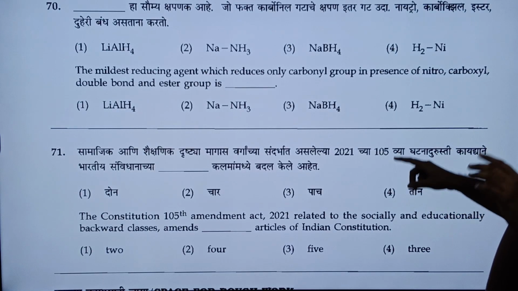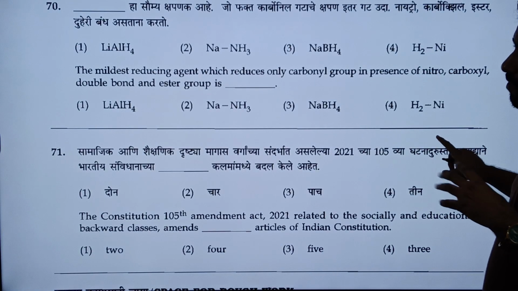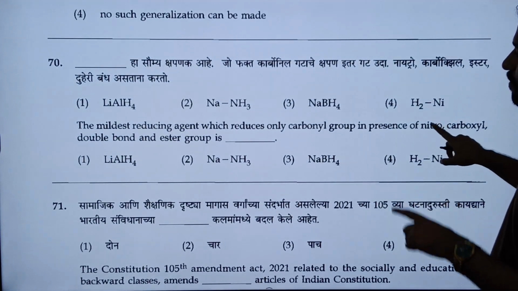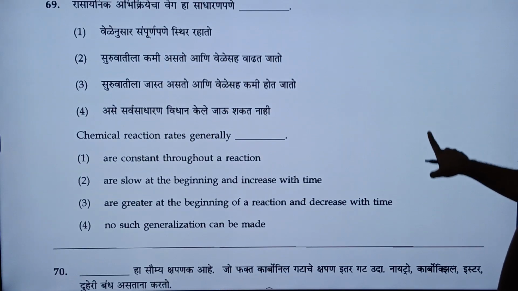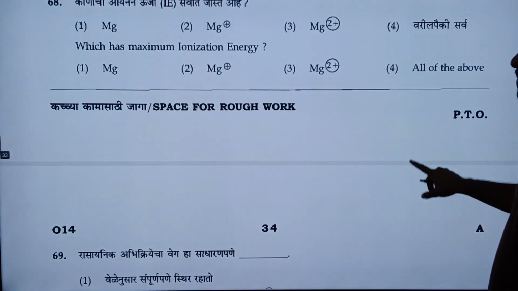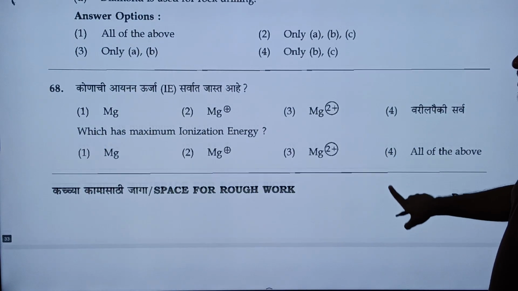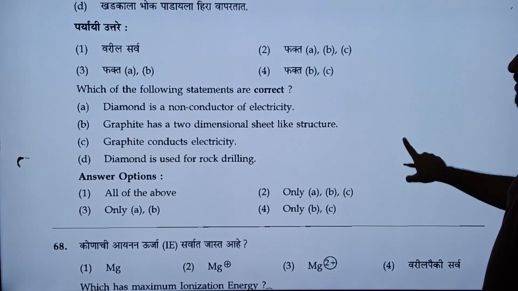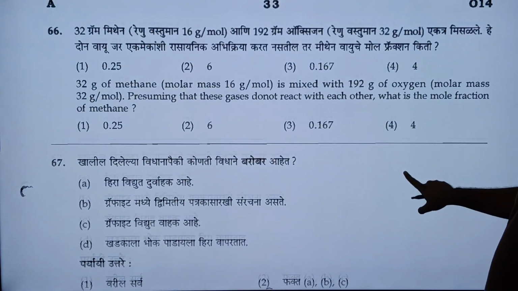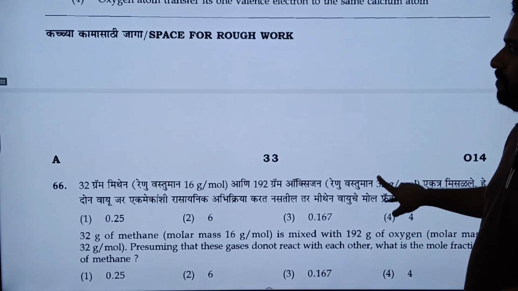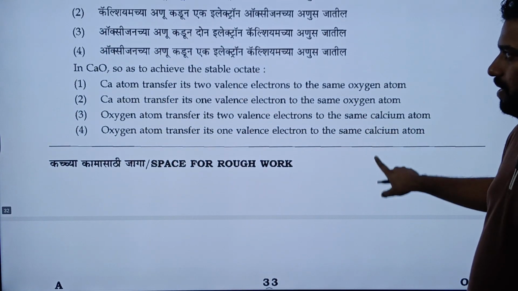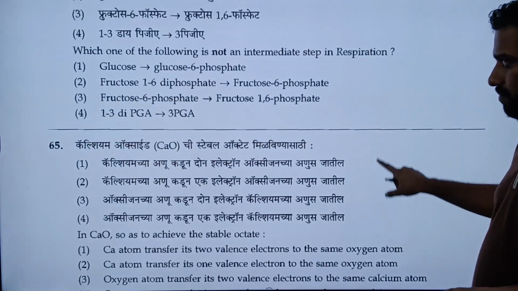Once again, we will go through all the questions. This is from chemistry, difficult question. Chemistry easy question. Chemistry easy question. Again, chemistry easy question. Chemistry moderate type of question. Chemistry moderate type of question.